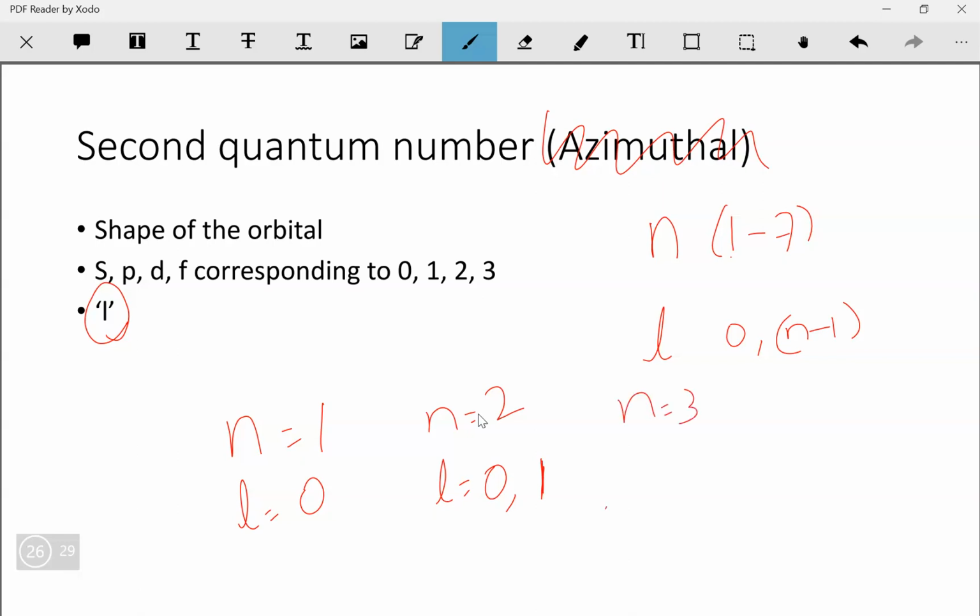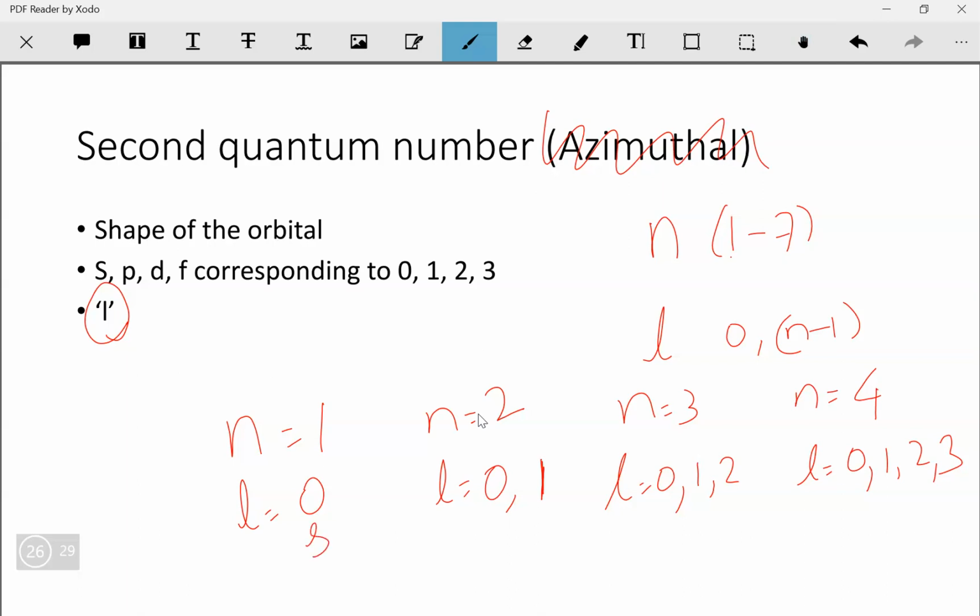For n equals 3, L equals 0, 1, or 2. For n equals 4, L equals 0, 1, 2, or 3. But we're not going to use 0, 1, 2, and 3. We are going to use s, p, d, f. Instead of a 0, it's an s.